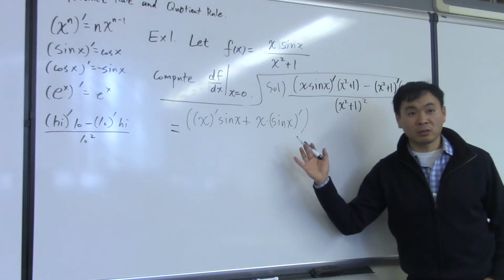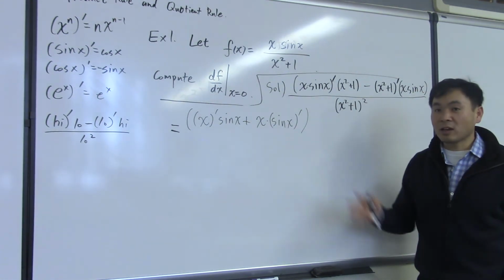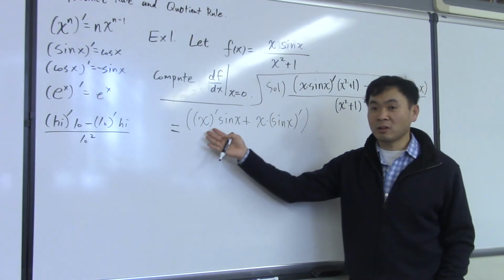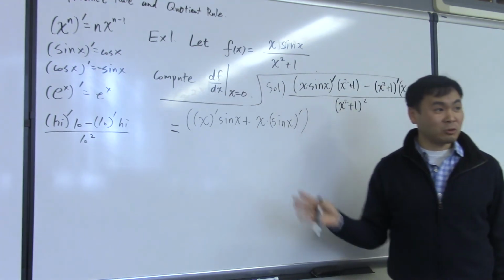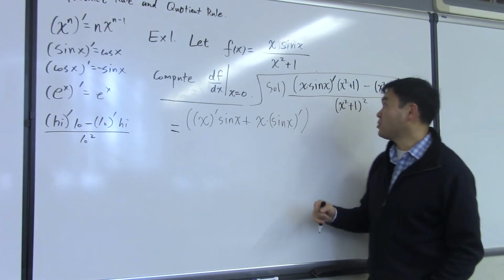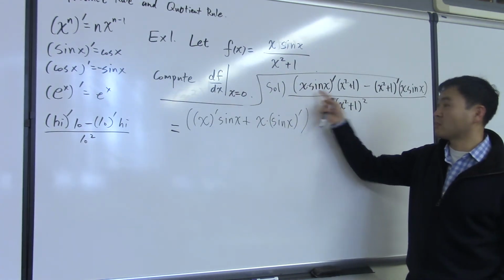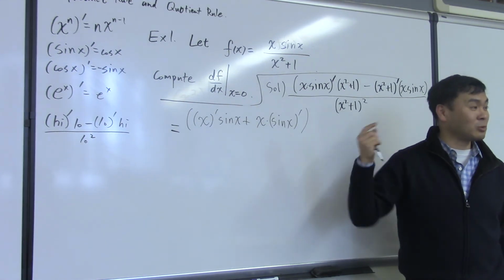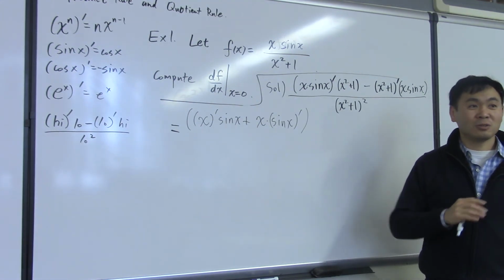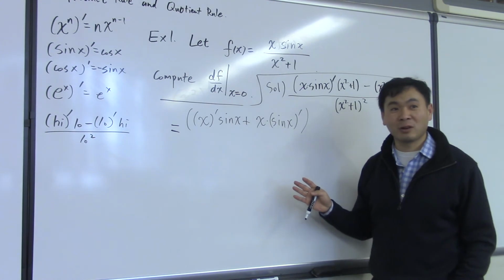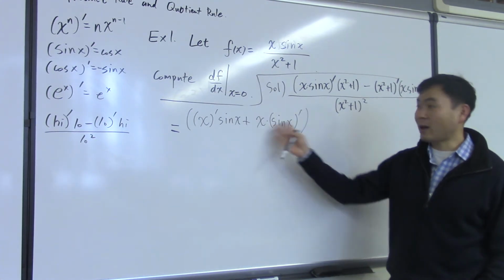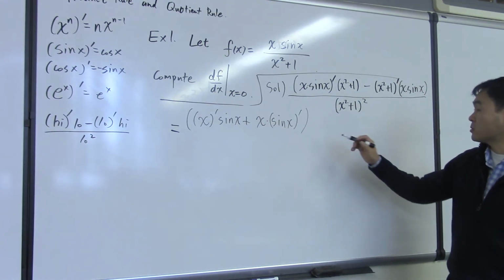This is the product rule applied. And again, product rule is something that you must use. It's not an optional thing. If you just simply say, oh, x prime is 1 and sine prime is cosine, and you write 1 times cosine, you don't get anything right. It's just completely wrong. You have to use the product rule.